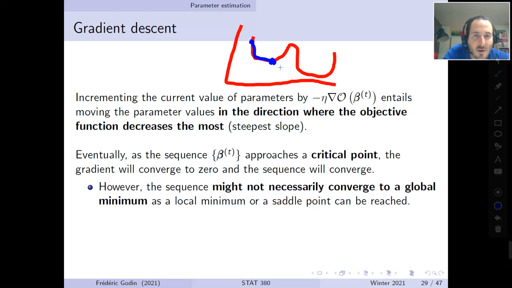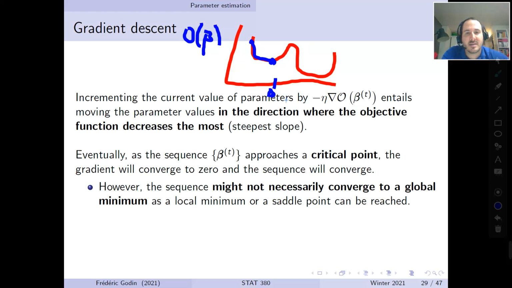The algorithm would stop there. It wouldn't try to go up the slope to go down here in gradient descent, because here the gradient is 0, so the optimization would stop at this value of beta. Here, this is the objective function of beta.